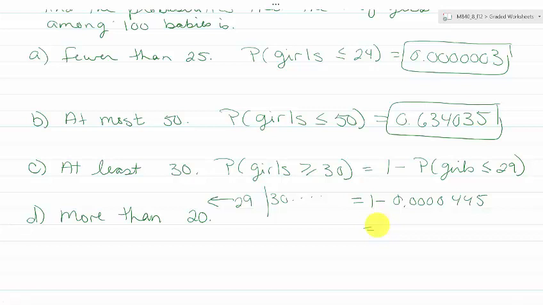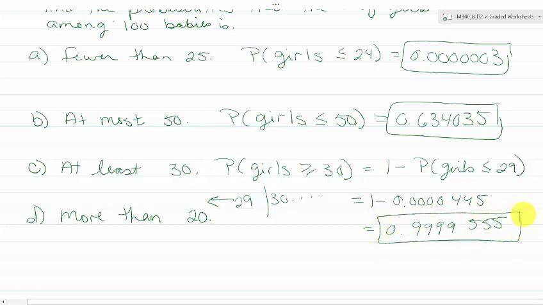Let's compute that quickly. We get 0.9999555. And when you give your answers, just give exactly the number of decimal places that Minitab gives.